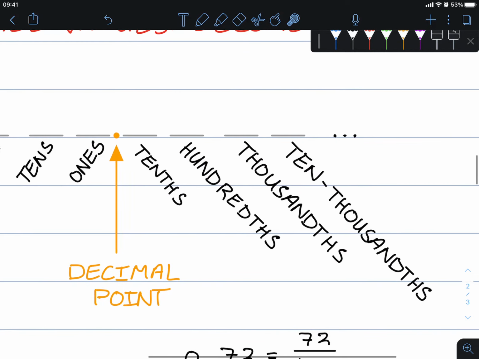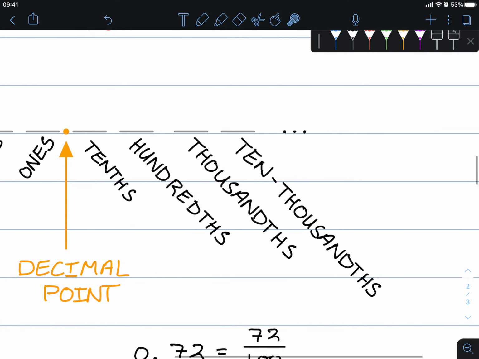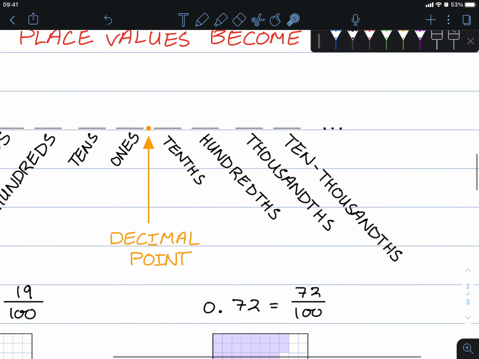But to the right hand side of the decimal point, I want you to take a close look. Instead of tens, we have tenths. Hence why if we had a 1 here, we write it as 1 over 10, hence 1/10. If we had a 3 over here, that's 3/10, and so on.